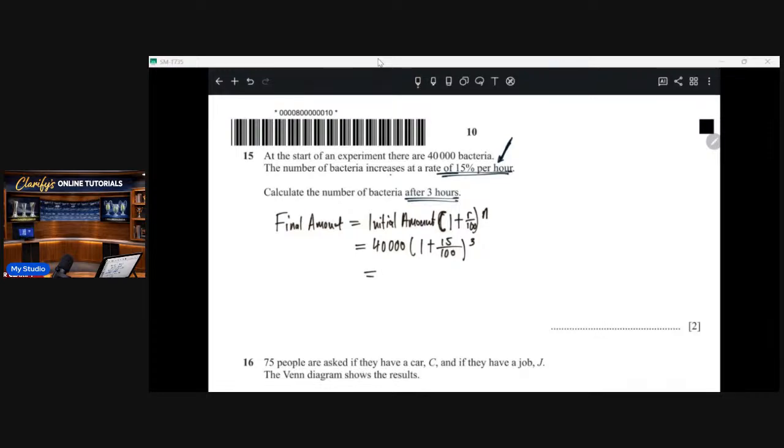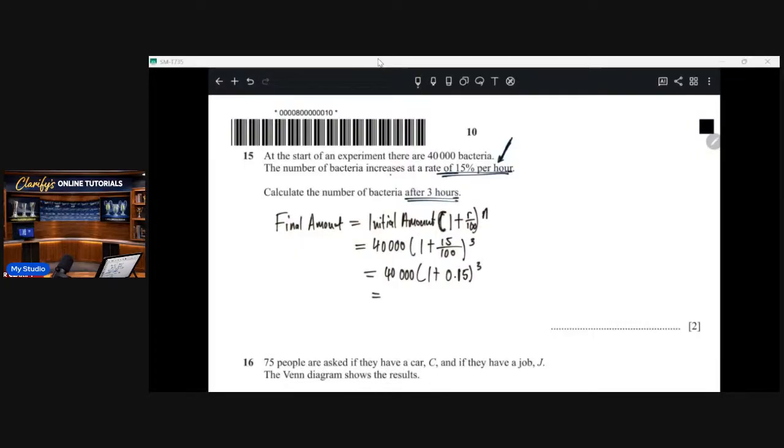You'll be done. So for those who have calculators, you say 40,000, then 1 plus 0.15, and this is to the power of 3.